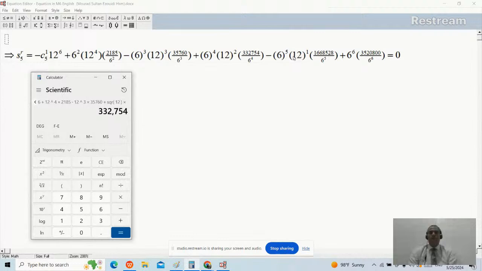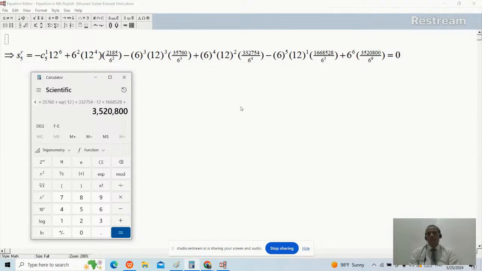Then plus, you see this one, 6 raised to the power 5, 6 divided by 6 raised to the power 6, no need to write it, I'll just write plus the last value, 3,520,800.